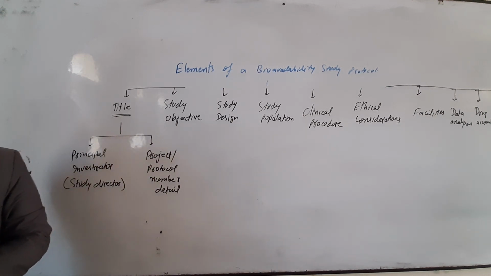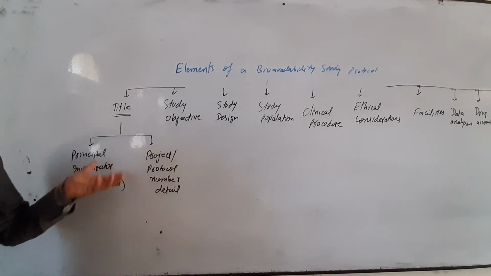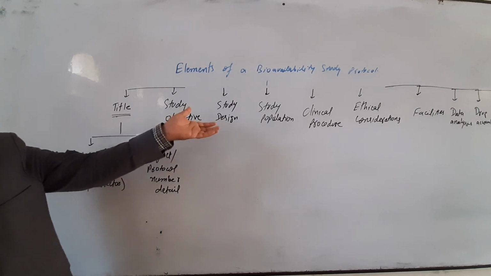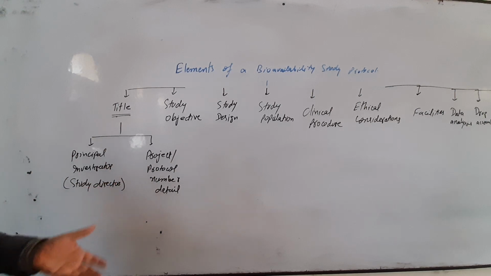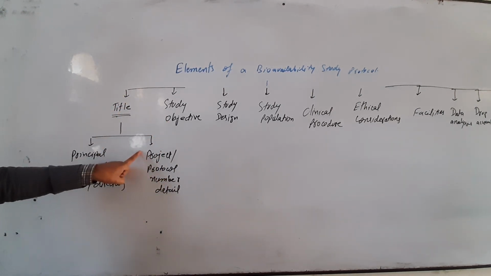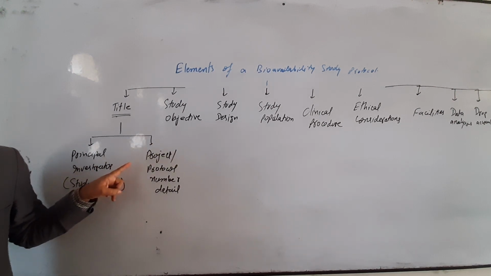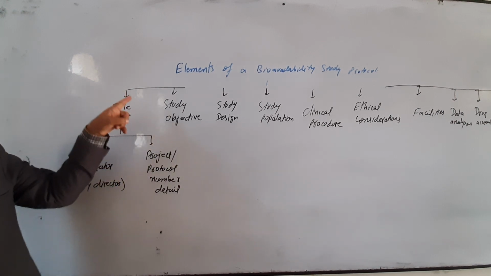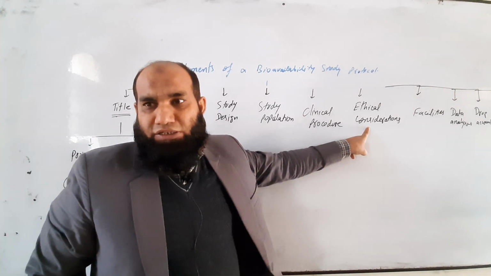Principal investigators are those persons who are applying the study, and they are confirming that they have these facilities and they can perform all the studies. And in case of title, we should know their project and protocol number detail, because first we will apply for this type of title to the ethical review board for the ethical considerations.